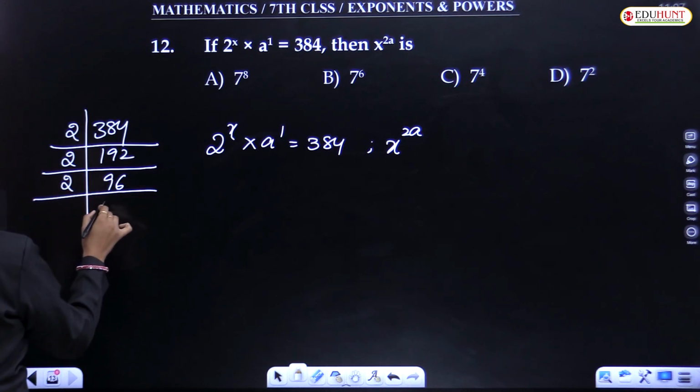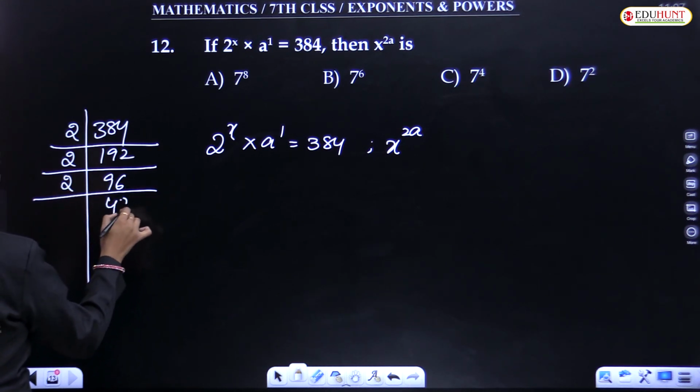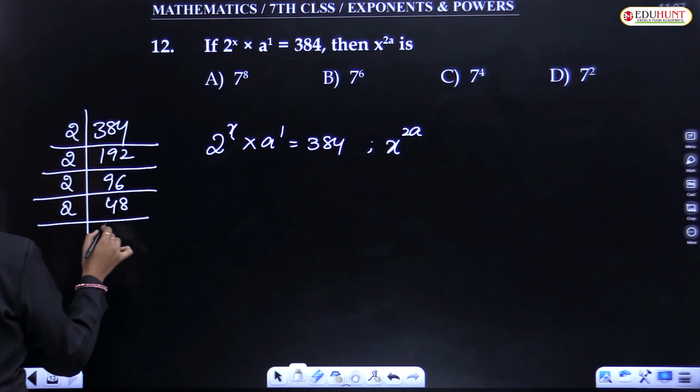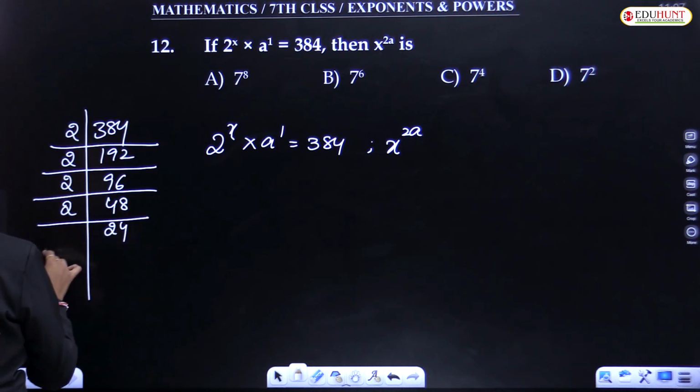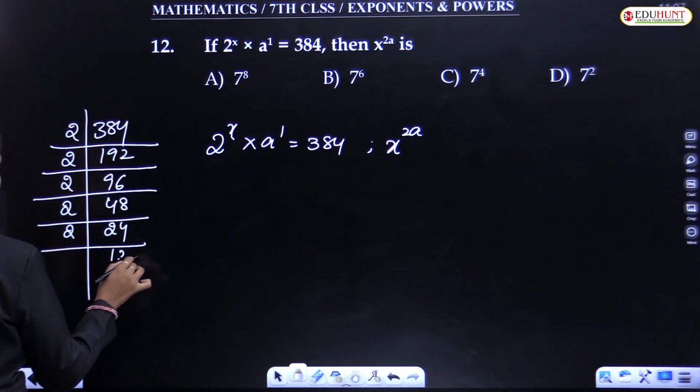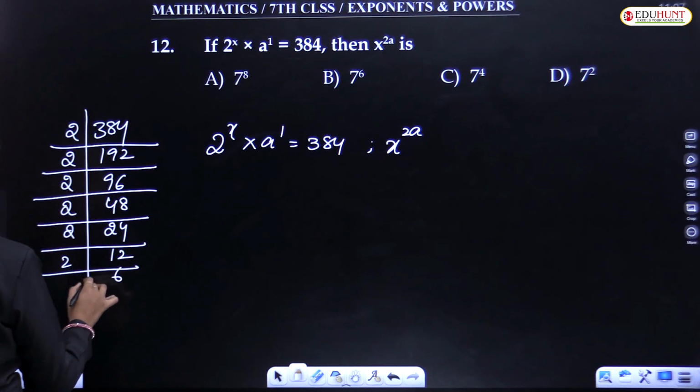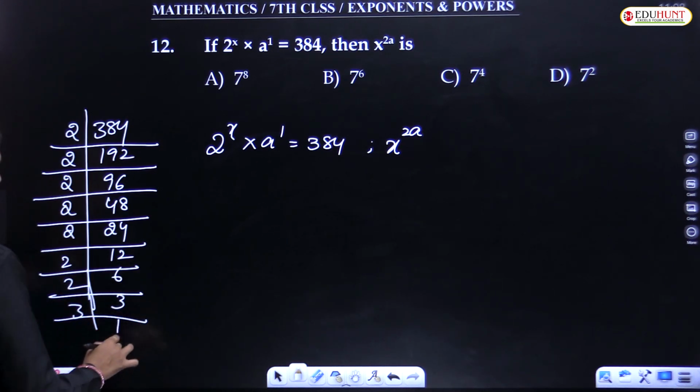Again 2 4s are 8 and here 2 8s are 16. Next 2 24s, 2 12s, 2 6s, 2 3s, 3 1s.